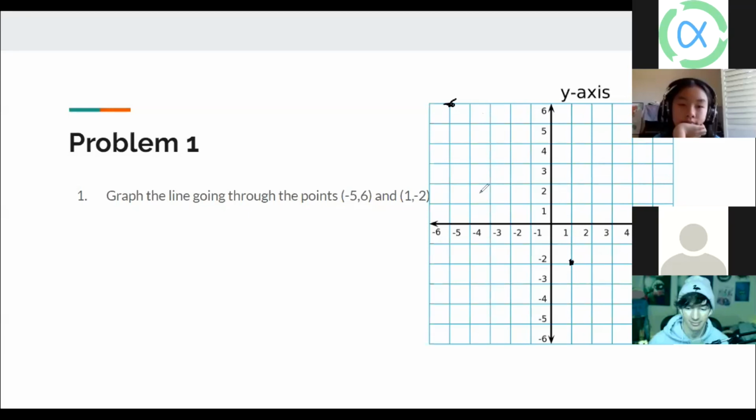You could either find the slope and find some other points that lie on the line, but I'm just going to draw a line between them because we don't have that much time. Let me fix this. That's kind of how your line should look, a straight line between the 2 points.